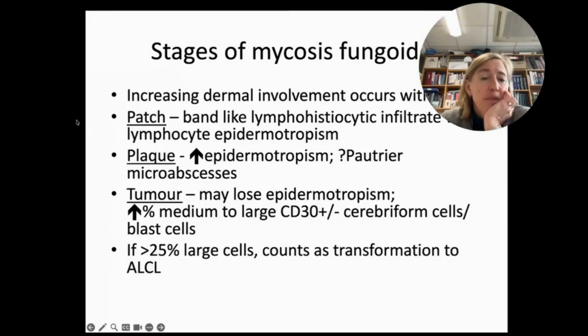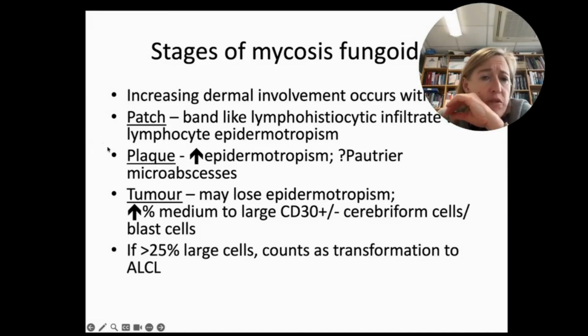When you get a plaque phase, you've got more epidermotropism, so more of those lymphocytes are getting into the epidermis, and you've got a much thicker band of lymphocytes. They may have something called Pautrier microabscesses, where you have groups of T cells sitting in the epidermis.